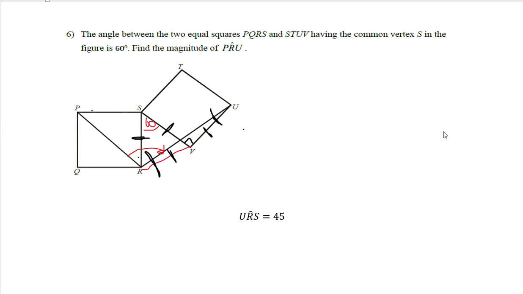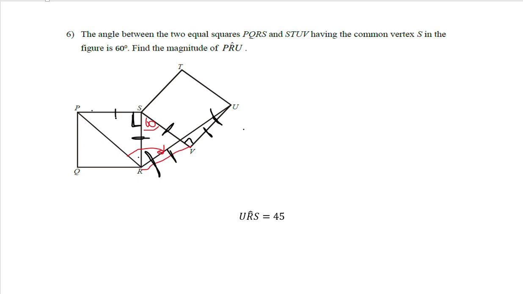But what is PRS? So apparently, what we can realize is that this angle is 90 degrees because it's an angle of the square and angles of squares are 90 degrees.